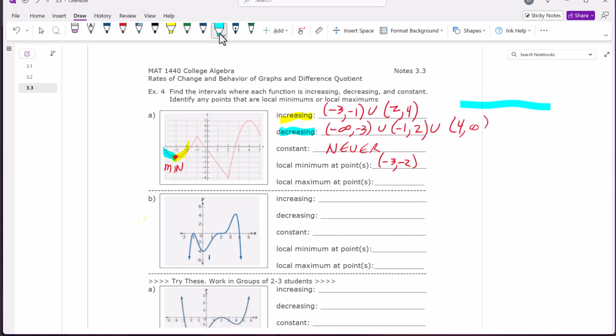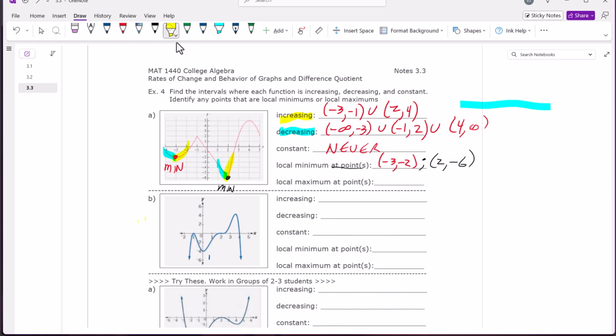The other place where you decrease, hit a low point, and then increase is at this point. And that point looks like that is 2, -6. Now these are not intervals. These are written as points. So if I say write the minimum as a point, be sure you write the x and y value.